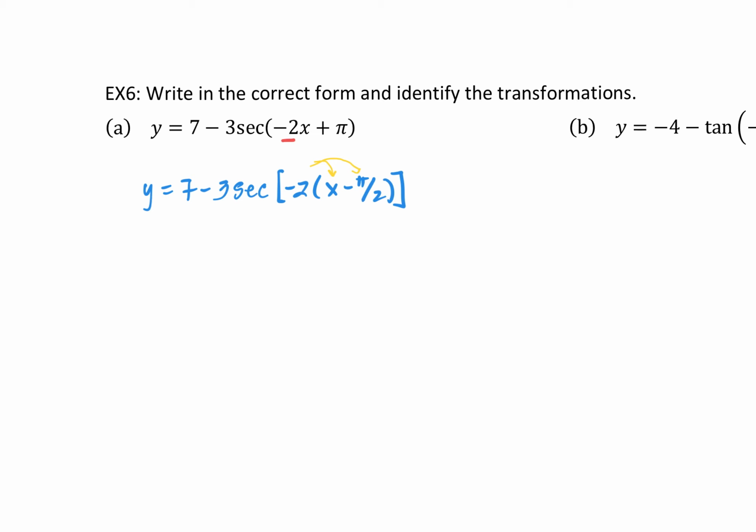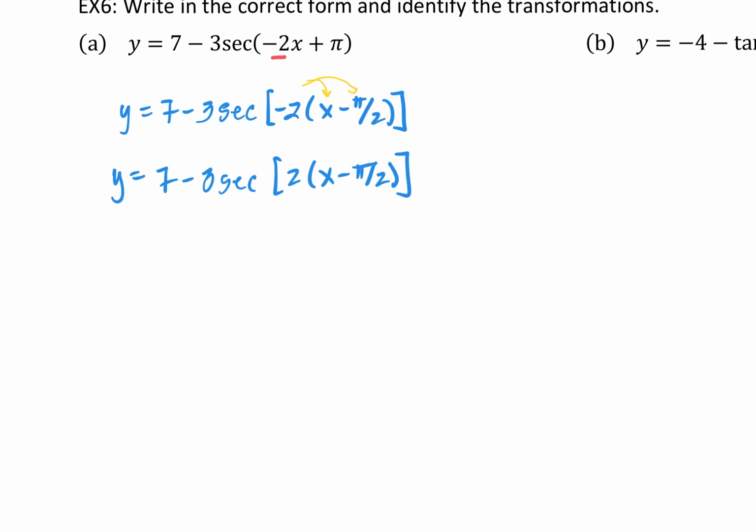And since secant is an even function, I can just drop it. Secant, cosine are both even. To get y equal to 7 minus 3 secant of 2 times parentheses x minus pi over 2.